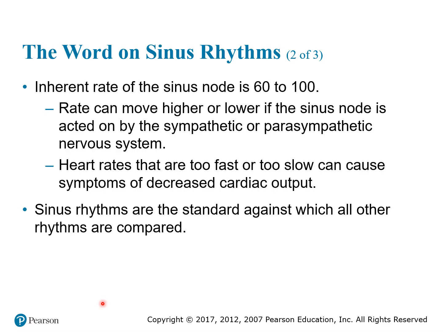The typical rate of a sinus rhythm is anywhere from 60 to 100. That is the normal rate for the typical person. Also, when you're looking at the rates, take into consideration the patient. A very healthy, athletic, young individual is going to have a slow heart rate, so his normal rate may be in the 40s or 50s even.